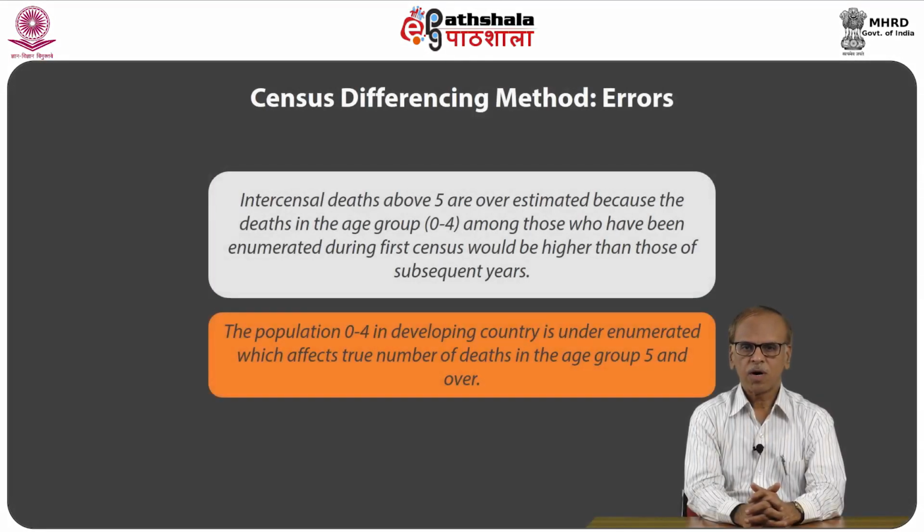Number 2: the population aged 0 to 4 in developing countries is under-enumerated, which affects the true number of deaths in the age group 5 and over.